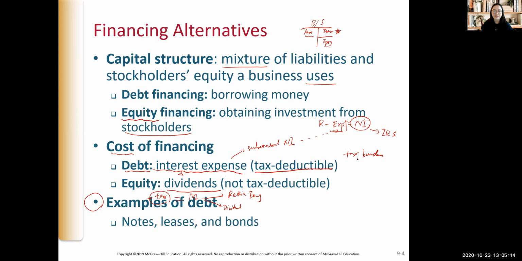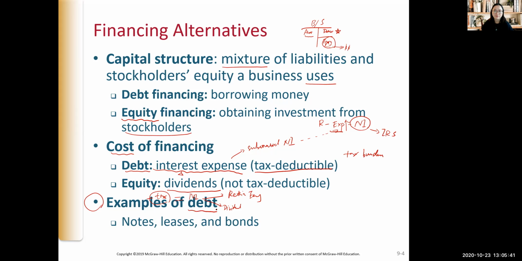Hence you can pay less tax. However, the cost of obtaining investment from stockholders is that you need to pay them dividends, and dividends do not enjoy the tax benefit. Hence, equity is a relatively more expensive financing choice.